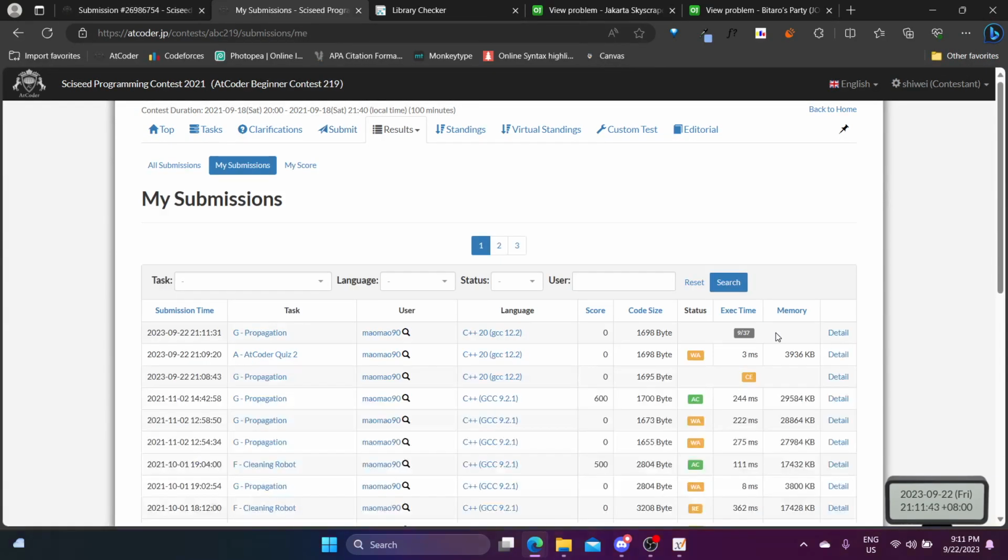Okay, it's correct. So if the degree is more than square root, then we don't have to do the update. Otherwise, we just manually update each vertex.